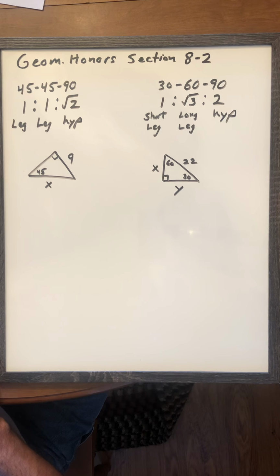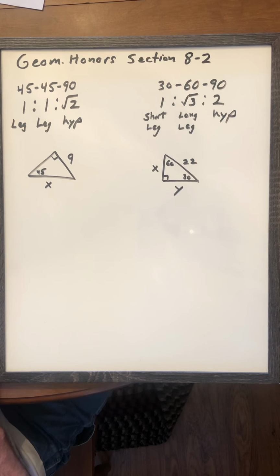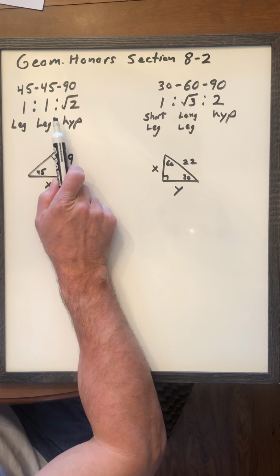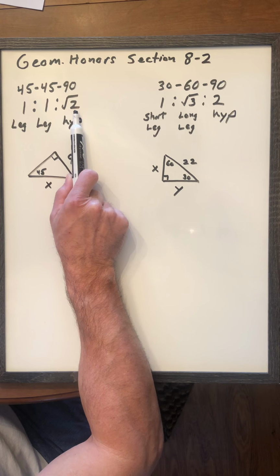Now, what we're going to use is the ratios for 45-45-90 and 30-60-90 triangles. These are special right triangles. For a 45-45-90, the ratios for the three sides are 1 to 1 to square root of 2.